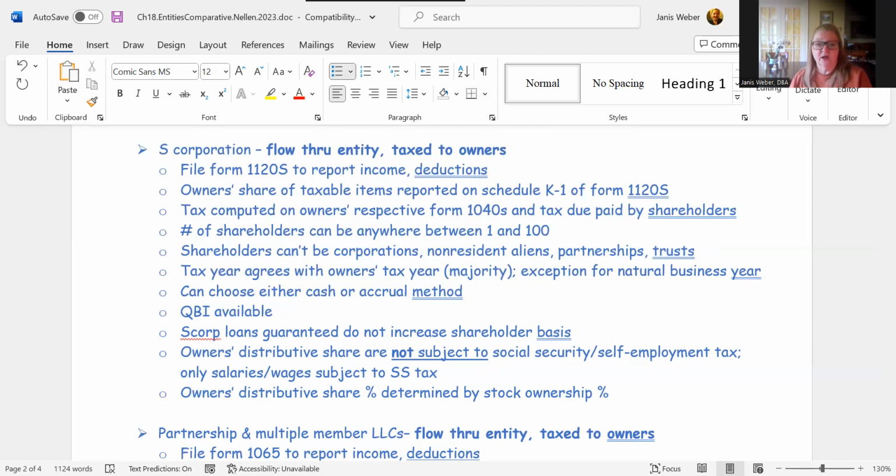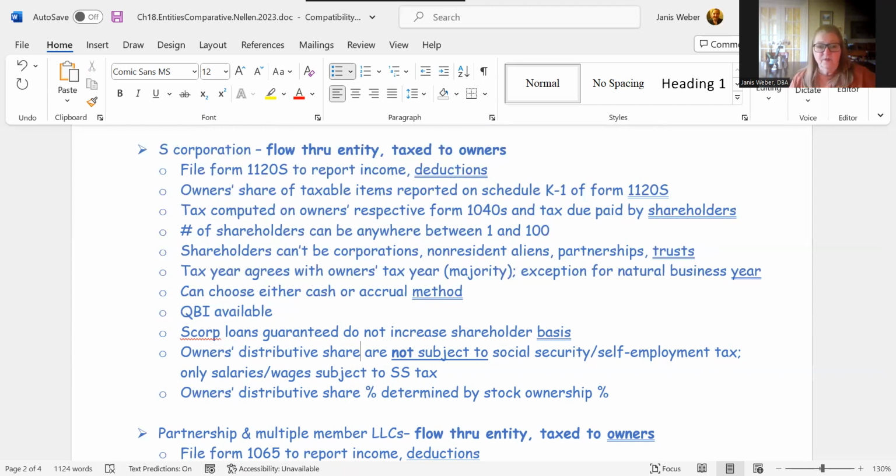So when you get a salary from an S corp, you are subject to Social Security. But when you get your share of the profits of an S corporation after the salaries have been deducted, there's no Social Security assessed based on that.